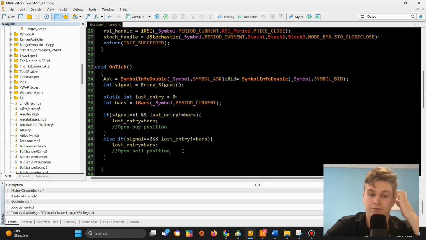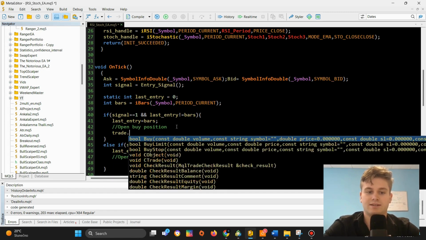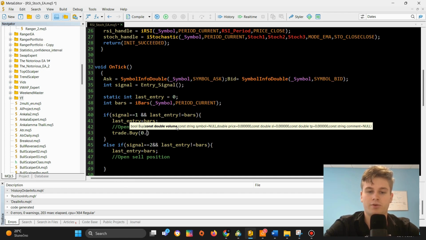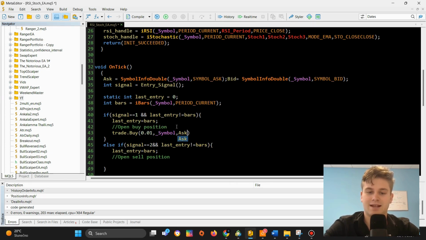So now what I have to do is just open those positions. So let's do it. Trade buy, volume, let's keep it 0.01. Symbol is symbol, price is ask price, and now stop loss is ask price minus stop loss points times point.